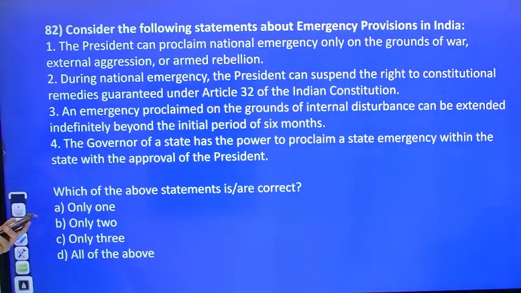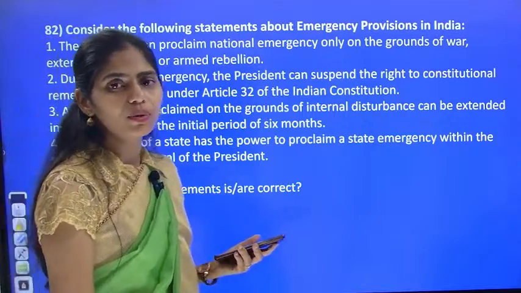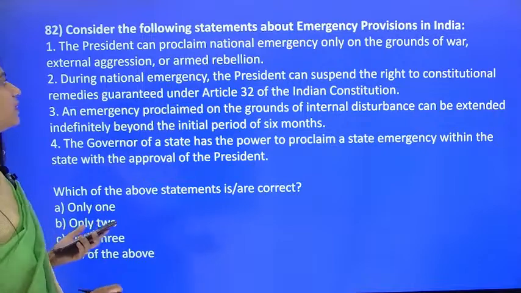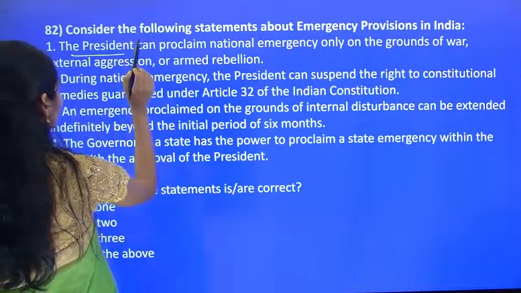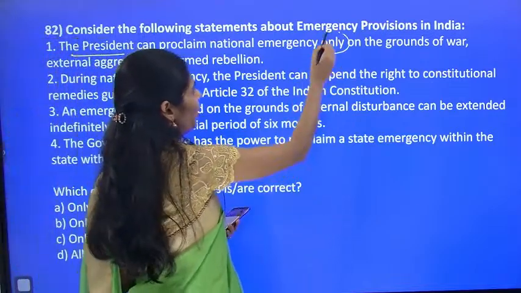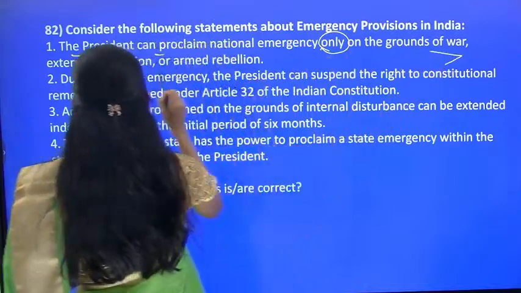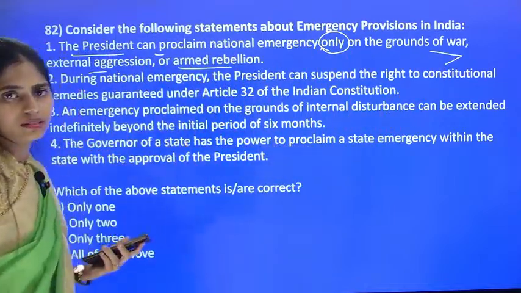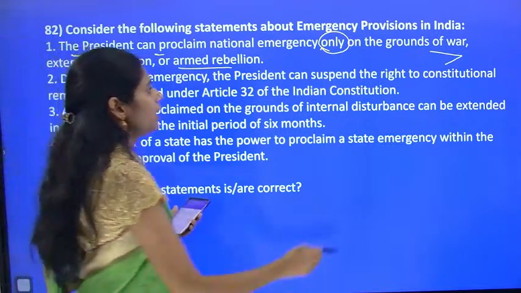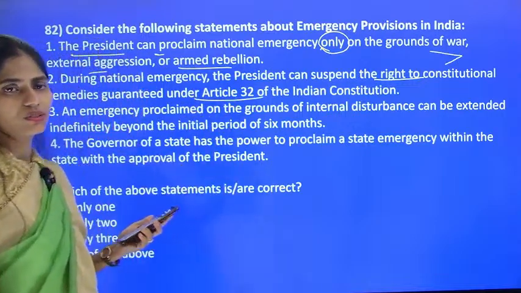And next, question 82 here is, consider the following statements about emergency provisions of India. Okay, so this is also a very important topic. The first statement is, President can proclaim national emergency only on the grounds of war, external aggression and armed rebellion. And during this national emergency, President can suspend the right to constitutional remedies guaranteed under Article 30 of the Indian Constitution.